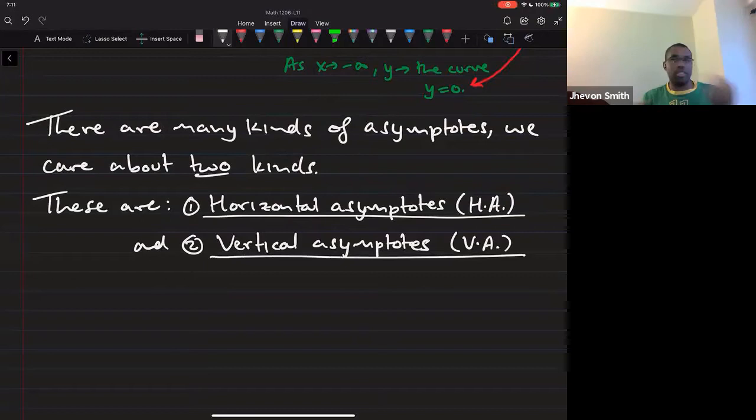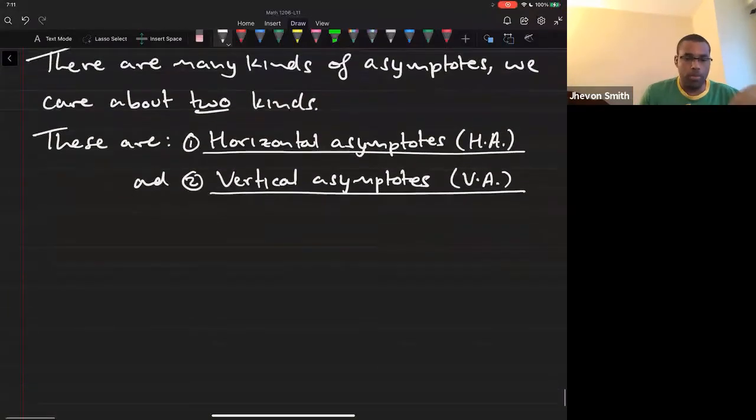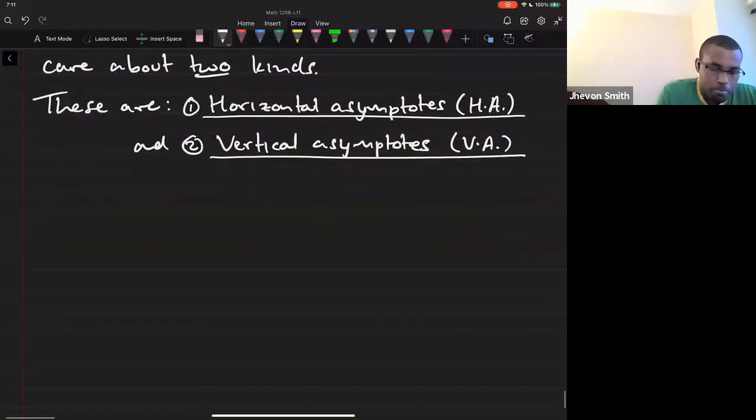And these, as their name suggests, is just when your curve is a horizontal line or a vertical line. That's pretty much it. And yeah, we want to identify these guys. We want to identify when they would occur, what they are, what are their equations. So let's actually deal with one at a time.